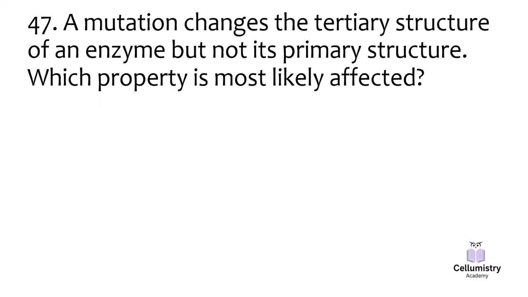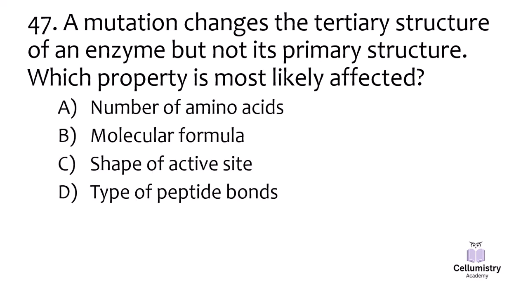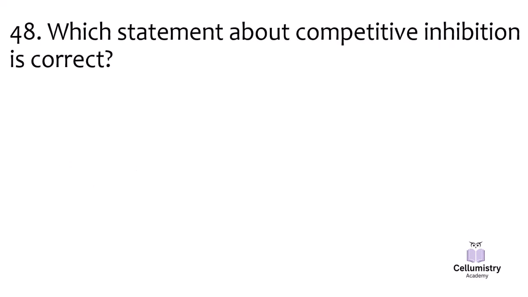A mutation changes the tertiary structure of an enzyme but not its primary structure. Which property is most likely affected? Answer is C. Shape of active site. Which statement about competitive inhibition is correct?